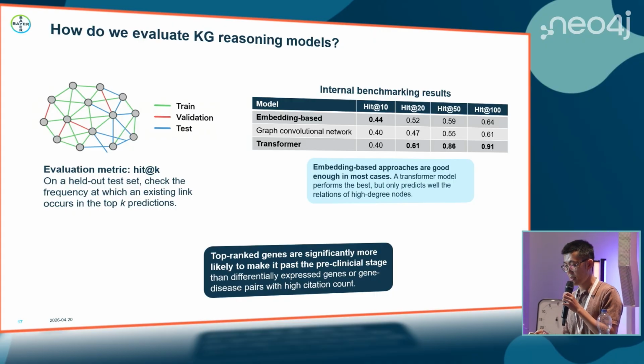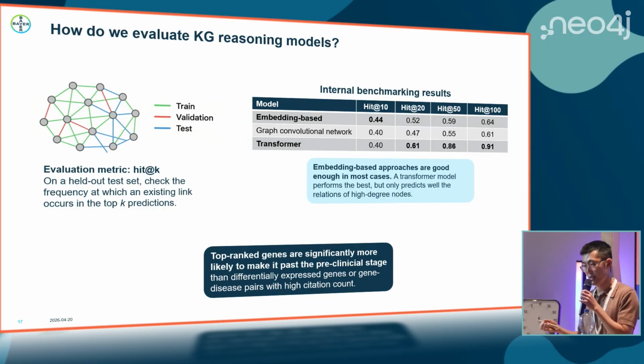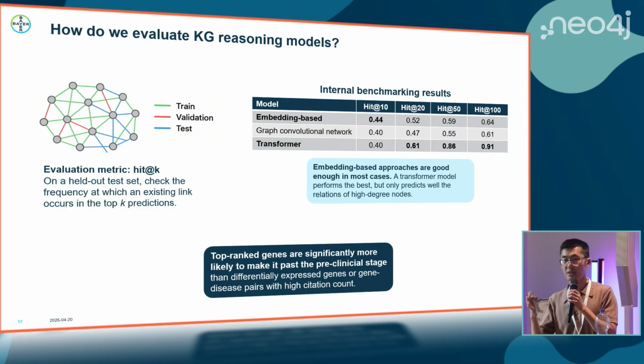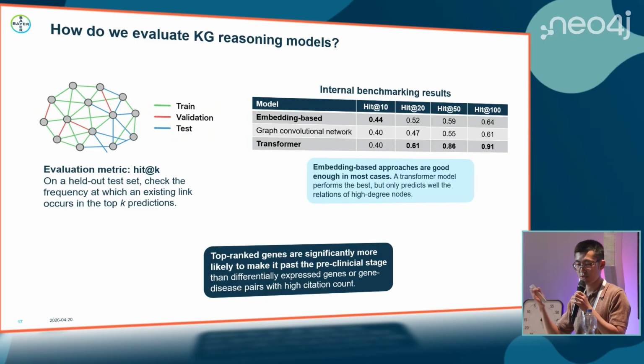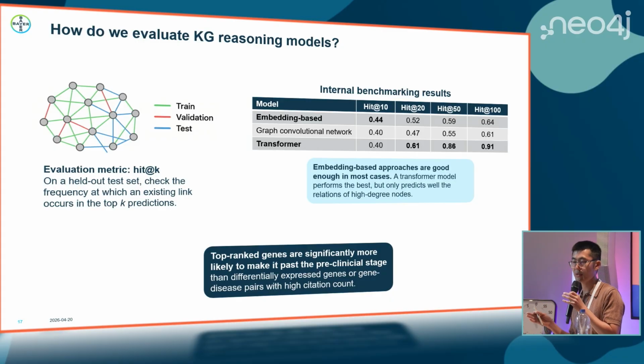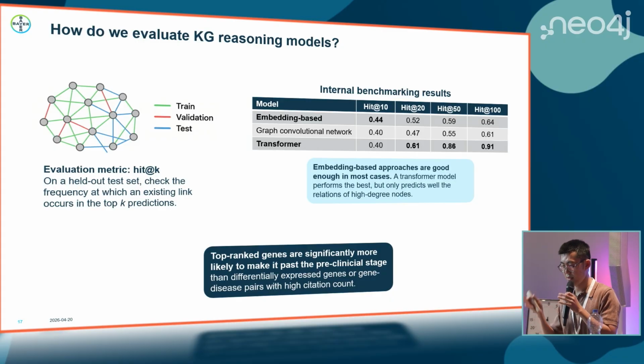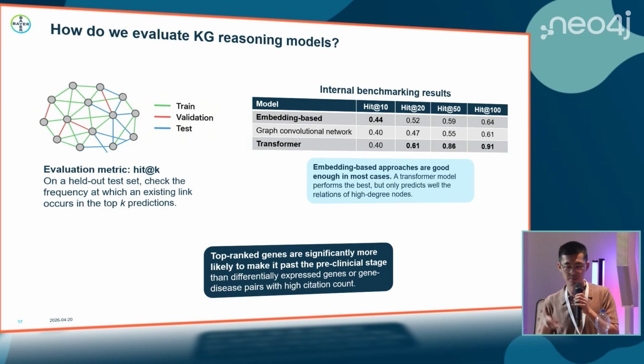One of the limitations for a transformer model was really that they were good at predicting only the high degree nodes. So if you have a hub, like a gene that is connected to many things, then it will be easier to predict these kinds of links and upvote the evidence for that.